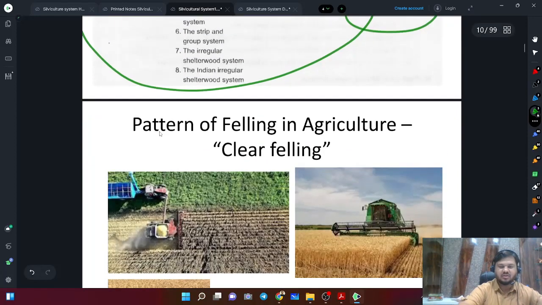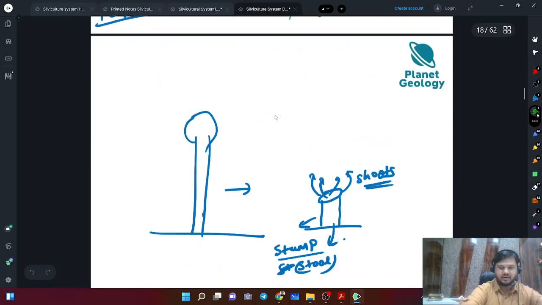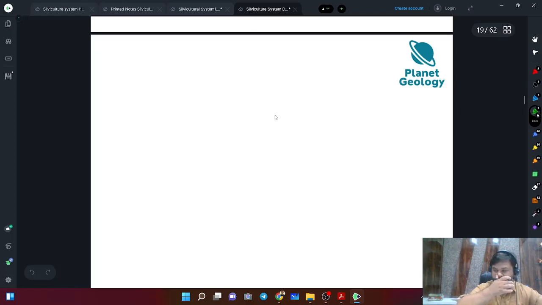Just to give you the conceptual context of how and why this system developed, it is all because of the purpose of plantation. Forestry as a science developed in Europe.